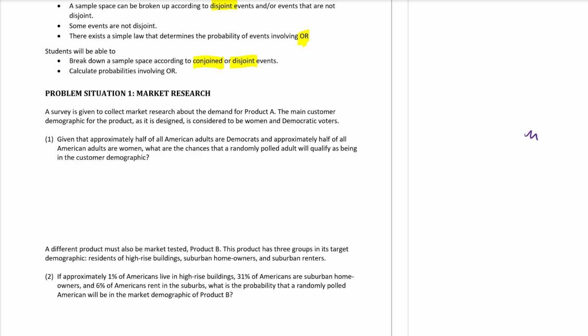Looking at question number one, given that approximately half of all American adults are Democrats and approximately half of all American adults are women, what are the chances that a randomly polled adult will qualify as being in the customer demographic?